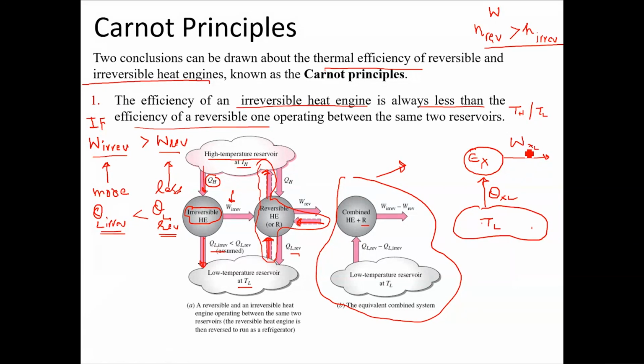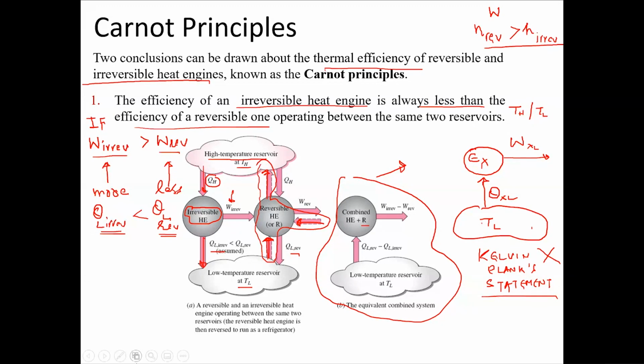Do you think this is correct? No, sir. If you remember Kelvin Planck's statement, there needs to be a second reservoir where this heat has to be rejected. It is not possible to take in heat and produce work without rejecting heat to another reservoir. So this is in contradiction with Kelvin Planck's statement.